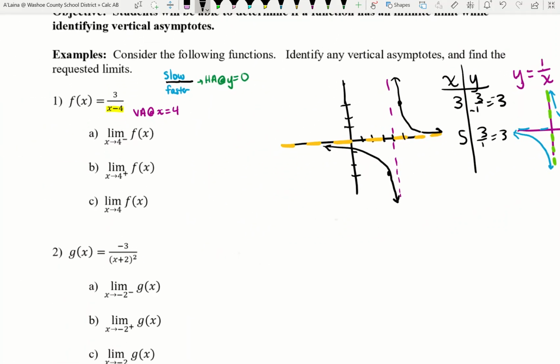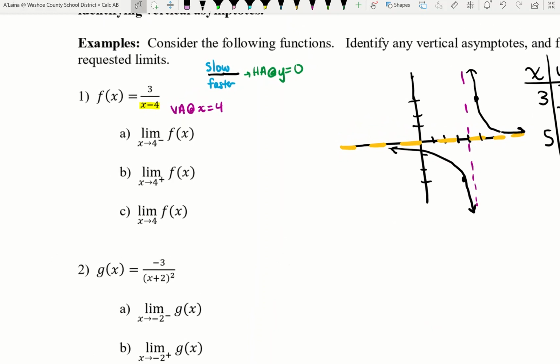Now we can use this graph in order to answer the questions about what's happening on the left and the right side. As I approach 4 from the left, I'm going down forever. That would be the idea of negative infinity, but really limits are asking us for a finite concrete number.